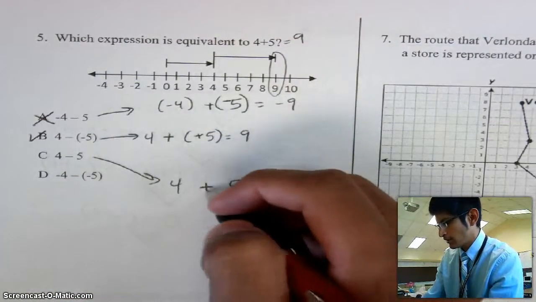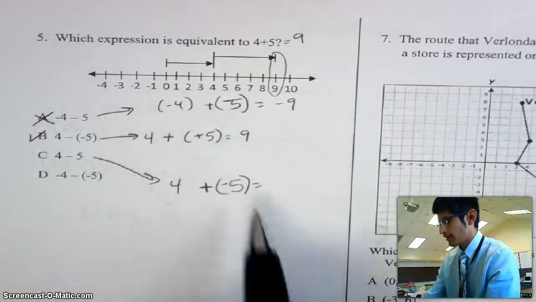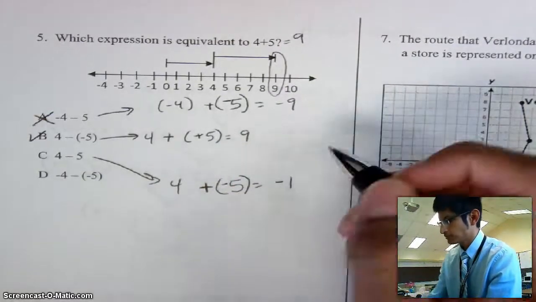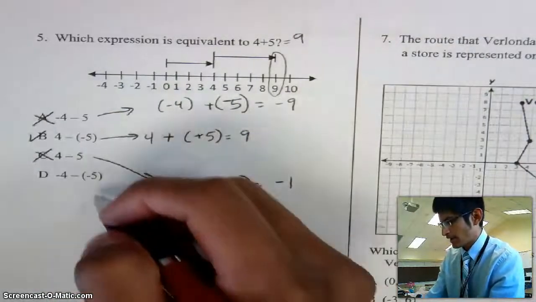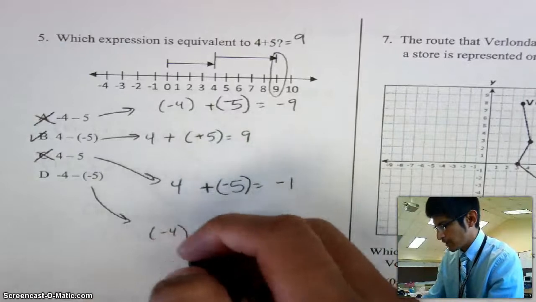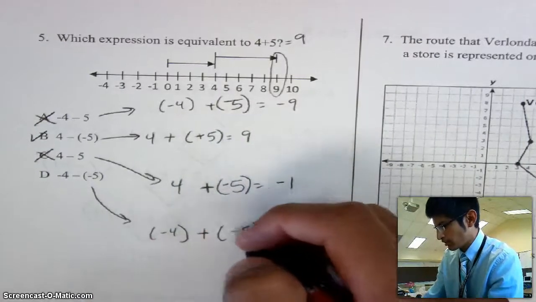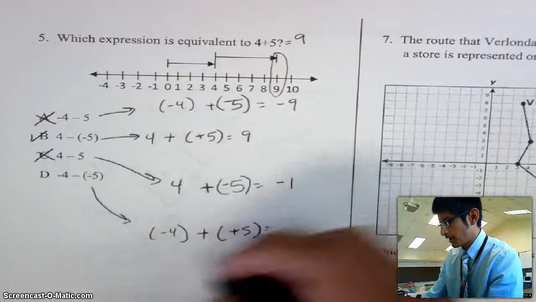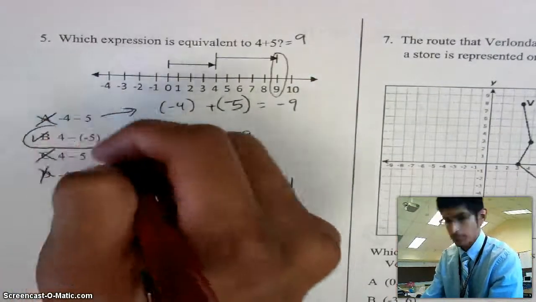Put a line going down, turn the second number around, and then I get 4 plus negative 5, which equals negative 1. And that's not 9, so X that one out. And then my last one, I have negative 4 minus negative 5. Put a line going down, turn the second number around, and that would be positive 1. And so that's not my answer. So my only choice is B.